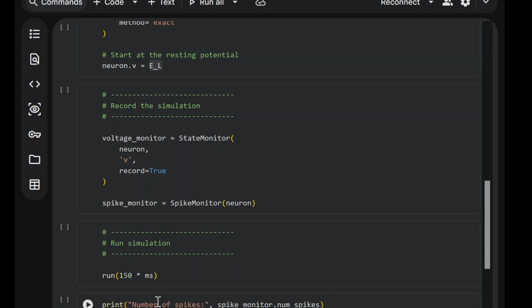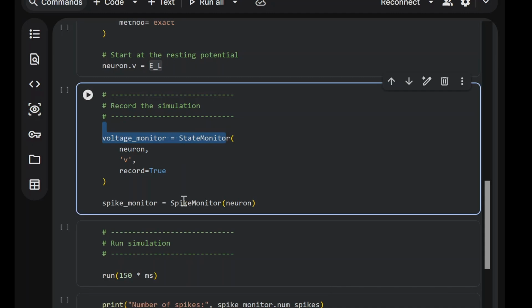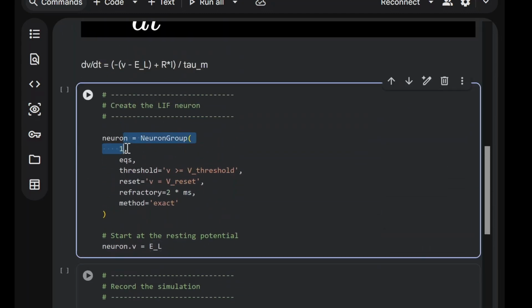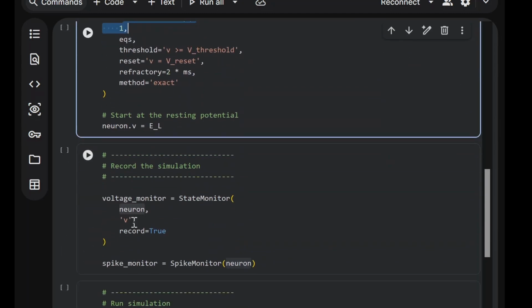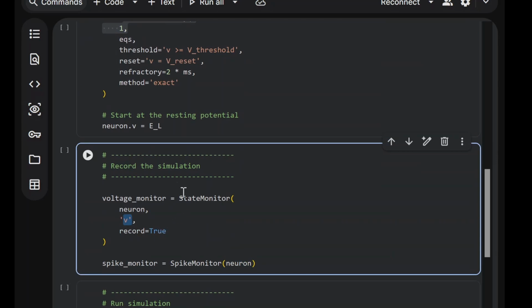Then we have something to record the values. So Brian2 provides us with StateMonitor and SpikeMonitor. StateMonitor will record our membrane potential of this particular neuron group with only one neuron. So we will have the membrane potential of that with respect to time, and this one will allow us to save the spikes.